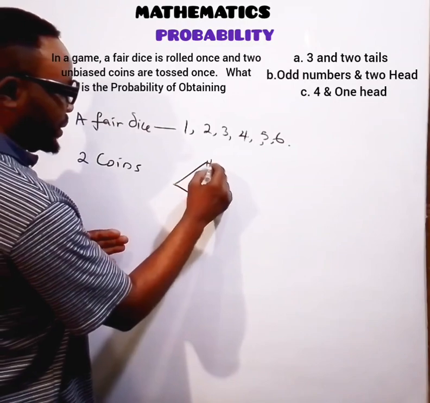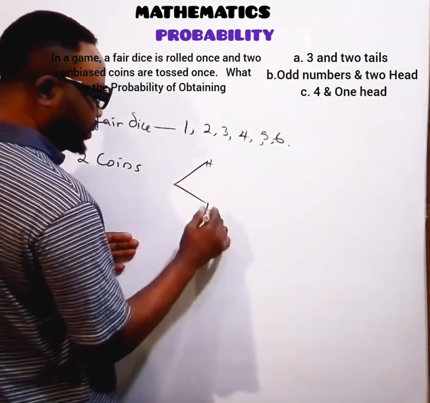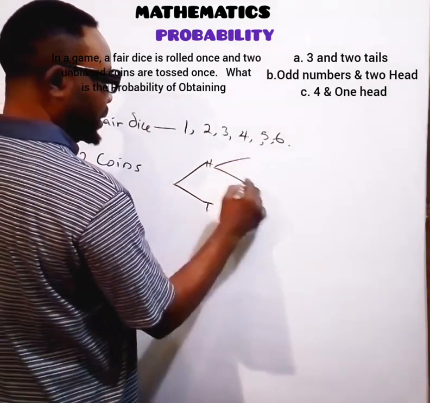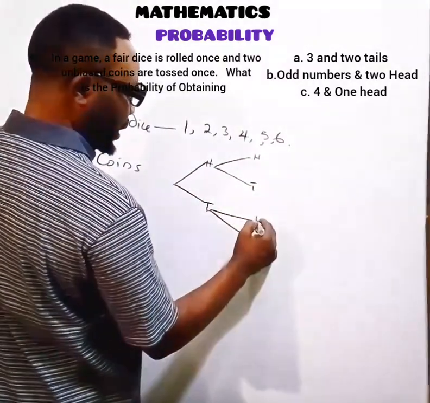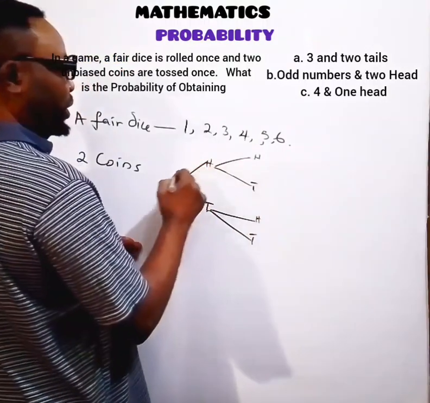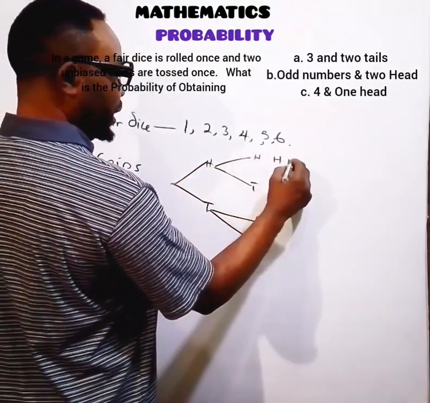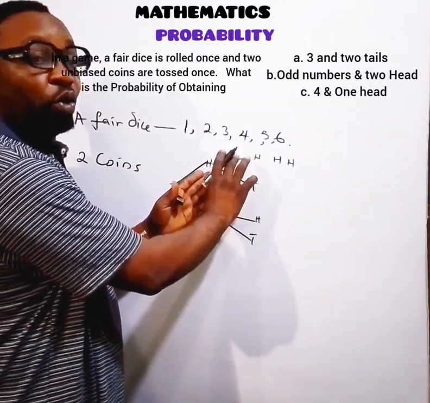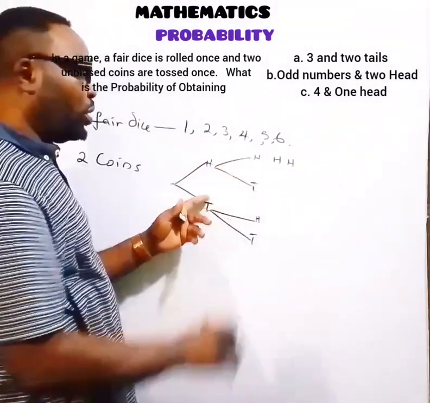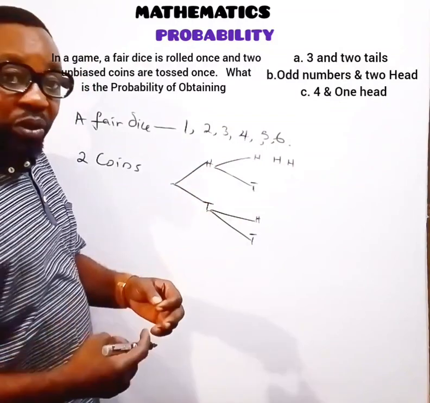This is the head. This is the tail. This is the second one. Head, tail, head, tail. We are going to have the result to be head, head. This is when you have 2 unbiased coins tossed, or when you toss a coin 2 times.